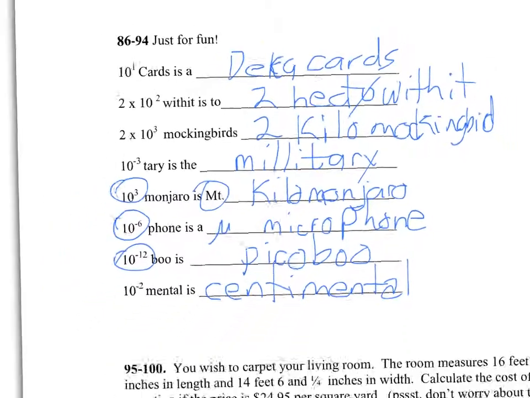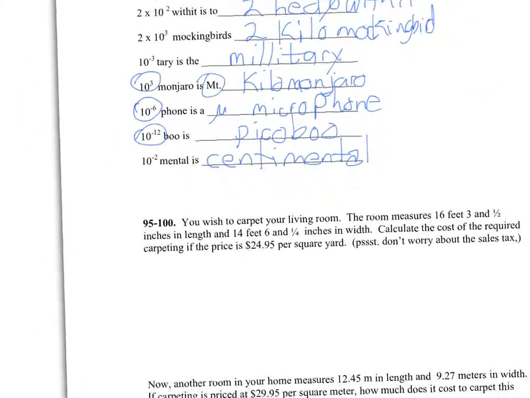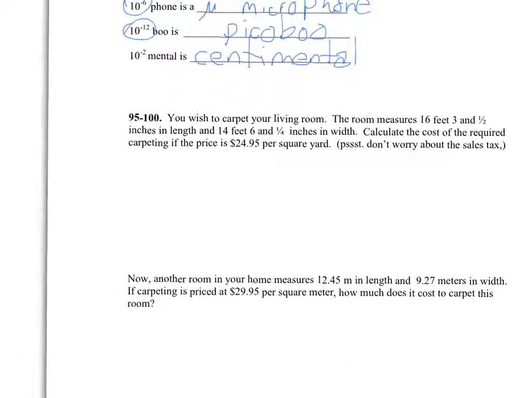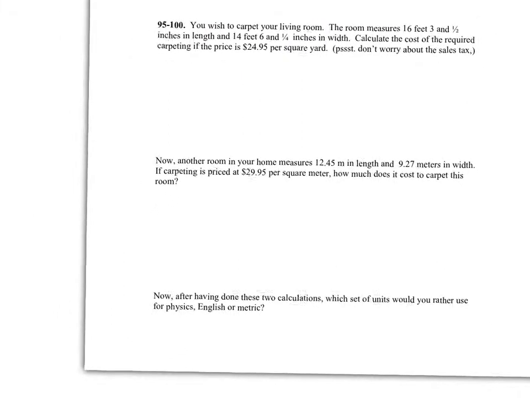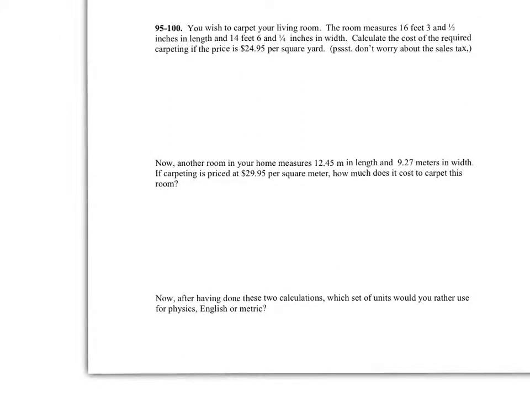All right. Those are all of the questions that you have that are not assigned. The rest of these questions you need to go on and answer on your own. The last 3 are a really rough conversion because you have feet, you have inches, and you have fractional inches.